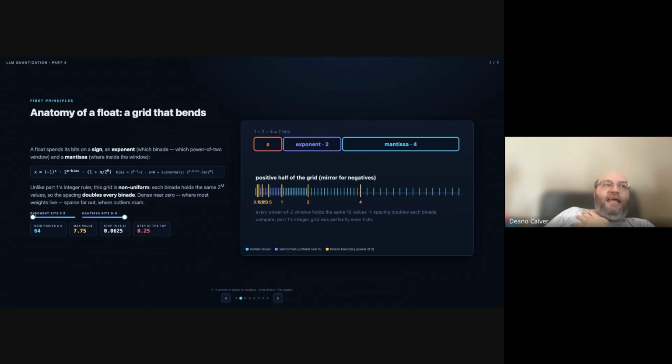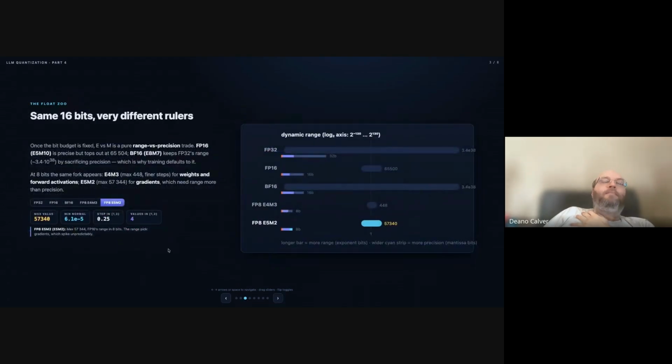It generally doesn't matter, as you can see if you look at the purple lines in here, you can barely see them. But when you're down at exponent 2, it actually matters. So often the hardware still handles subnormal numbers, even on these tiny formats. Just a bit of numerical trivia.